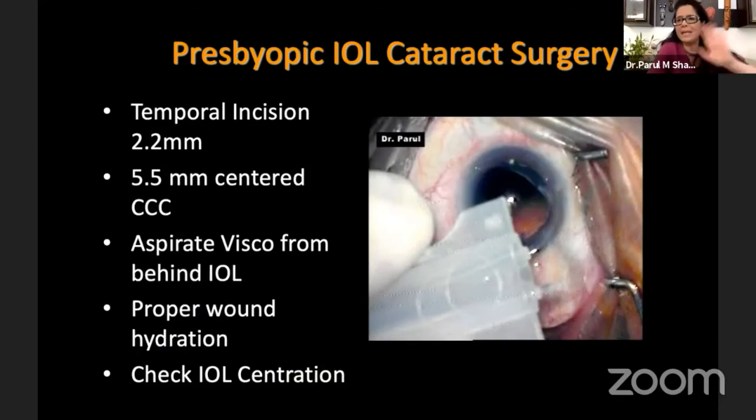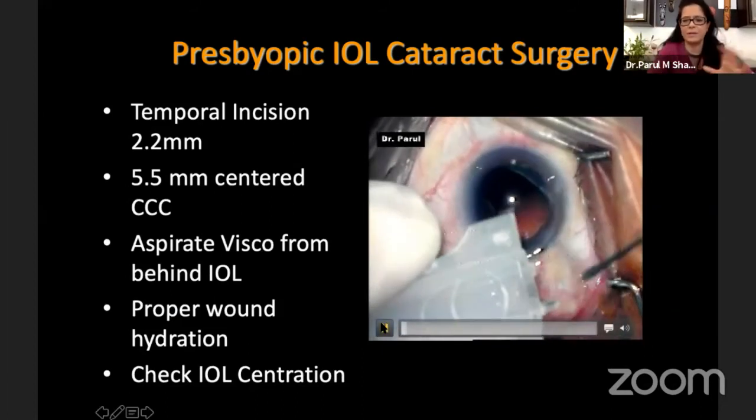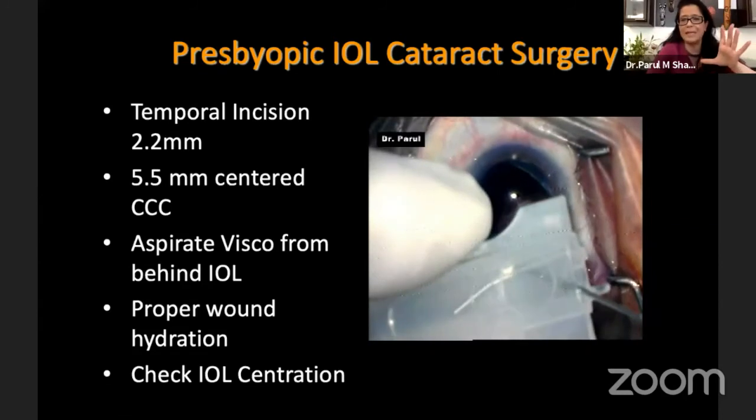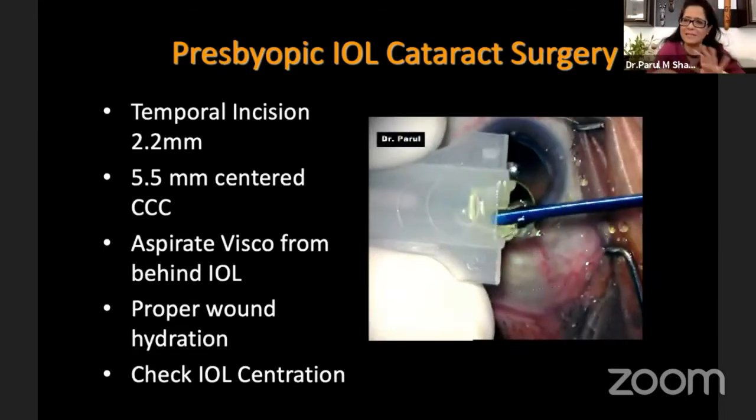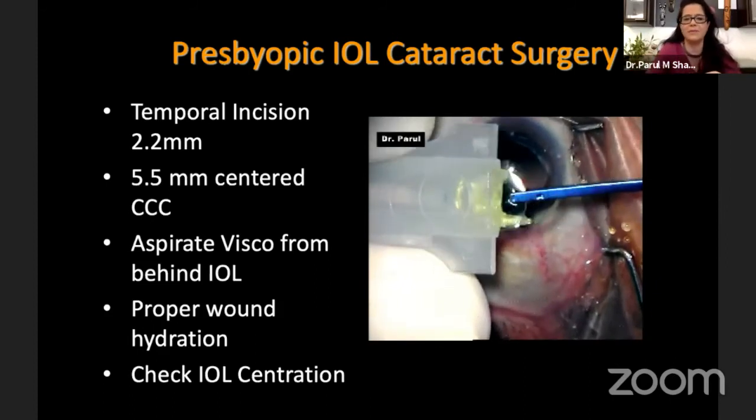Now, when you're operating, there are no major fancy changes in your phaco surgery. I'm sure you're a temporal surgeon by now because that's astigmatic neutral. Make sure that your CCC is good because we want an overlapping coverage on your IOL so that it's centered properly. Make sure that you aspirate your visco from behind the lens so that there is no decentration once you're out.